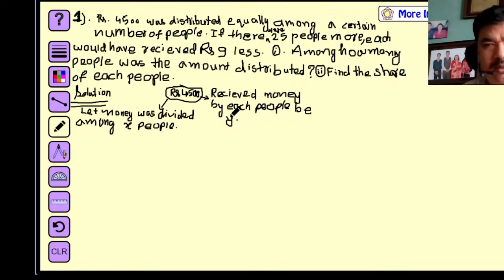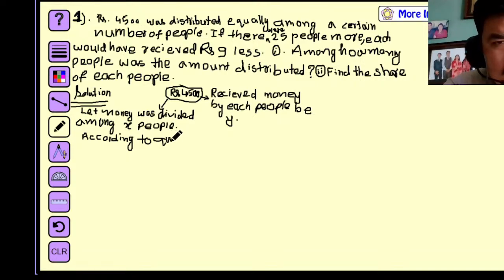Children, after this, as we know, when we multiply the number of people and the money received by each, we will get the total money according to the question.